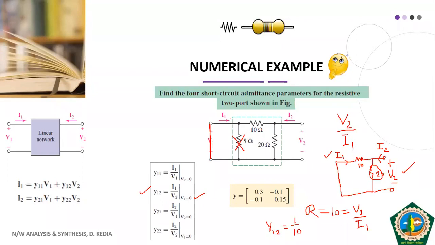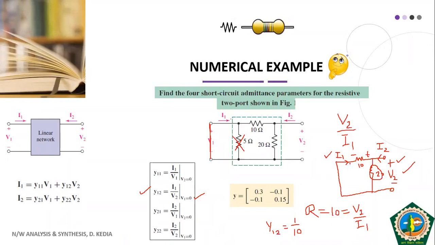Now one important point that we must answer here is that we are taking V2 upon I1. So if you look at these things carefully, see the polarity of V2. V2 is plus on the top side and minus on the bottom side. So that way you'll have plus here and minus here.